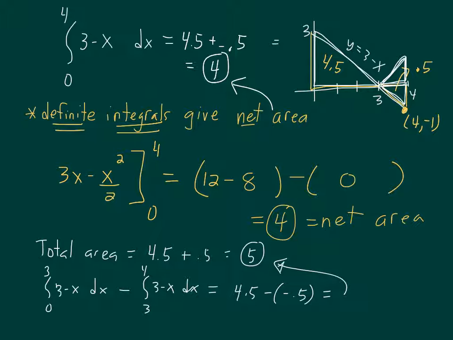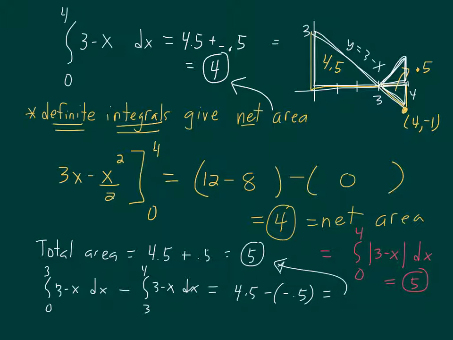So if you were allowed to use a calculator, we know that this total area would be the same as if we were to do this all in one shot, so without breaking it up like we just did here, all right, as two separate mini problems, we could do the whole thing by simply putting in an absolute value around 3 minus x, okay, and that would give you 5 much quicker.